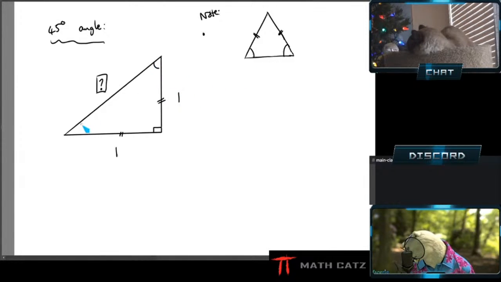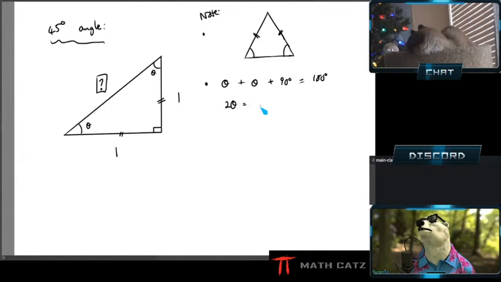So these angles are the same. If we call it theta, then they have to add up to 180 degrees. So theta plus theta plus 90 degrees must equal 180 degrees. So 2 times theta equals 90 degrees because I subtracted 90 on the other side. And theta therefore is 45 degrees, which is why I call this the 45-degree triangle. They're actually both 45 degrees.